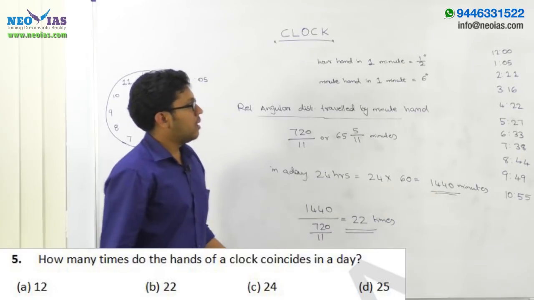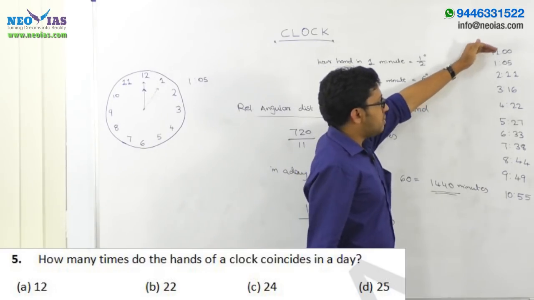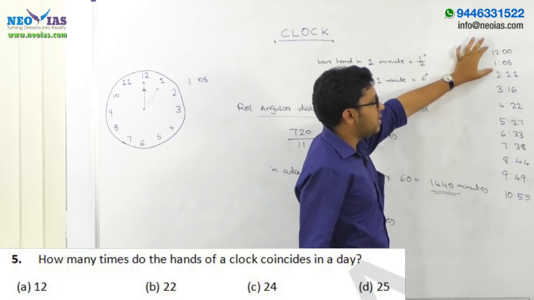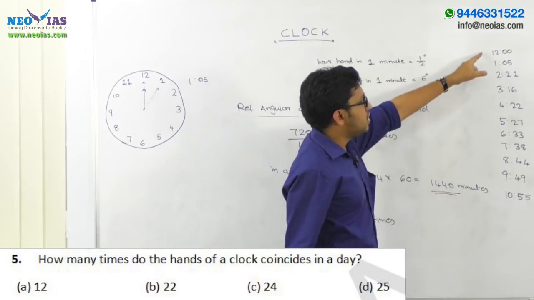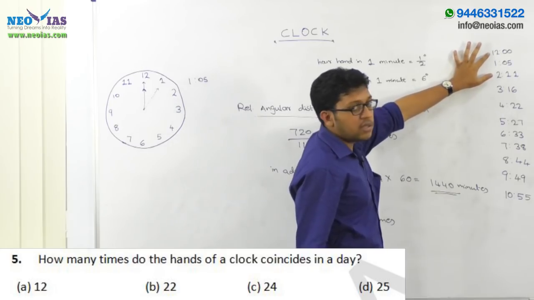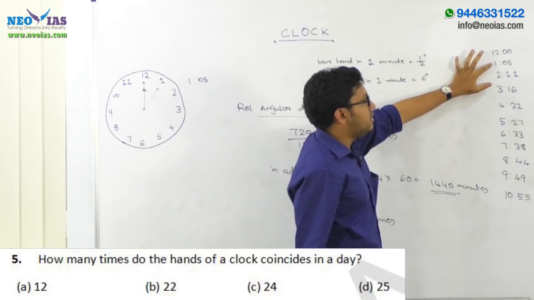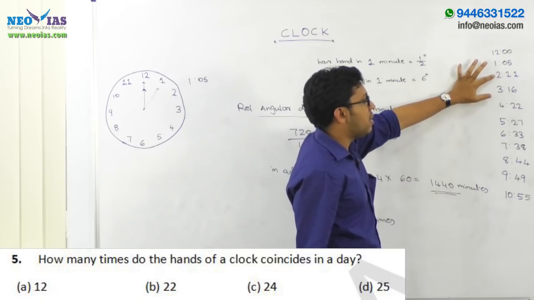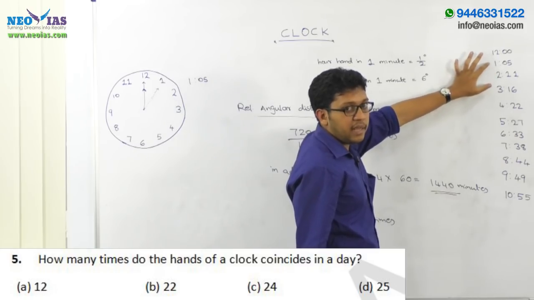Okay, here some times are written. These are not the exact times, but roughly this is the time at which the coincidence happens. At 12 o'clock there will be a coincidence. At 1:05 there will be a coincidence. At 2:11 there will be a coincidence. This is not the exact time.